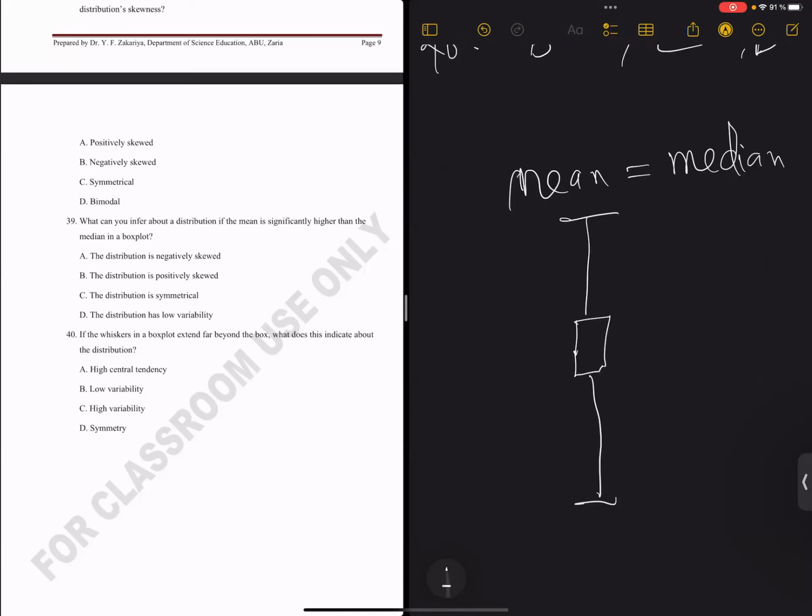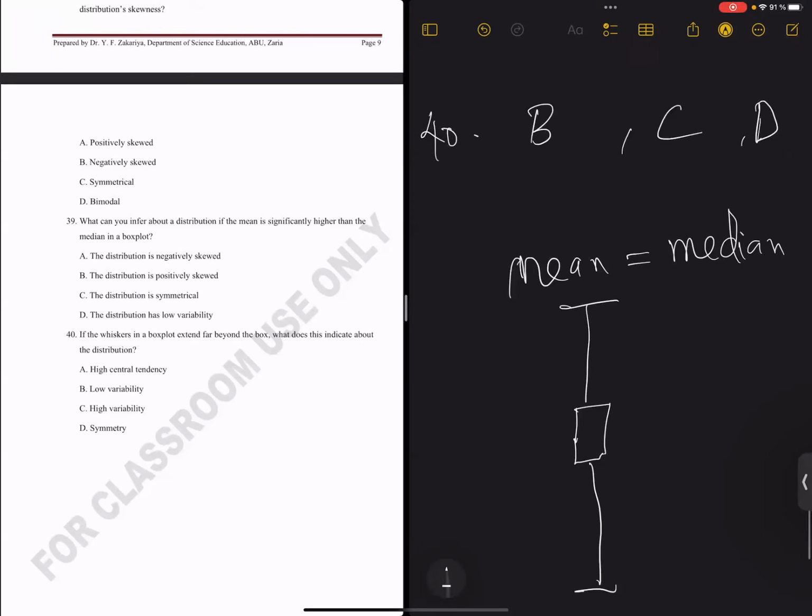In fact, either the upper whisker is longer than the lower one, or the lower is longer than the upper one. It's difficult for them to be equal.